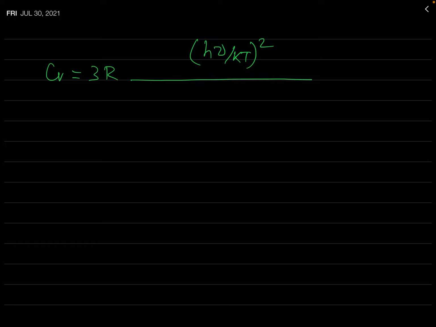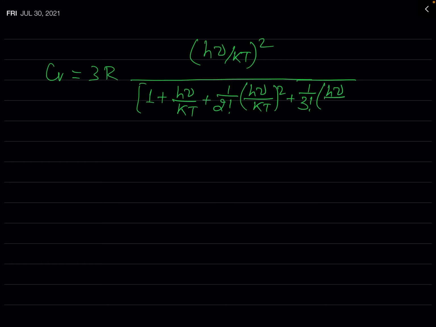So e to the power hν/kT will be now expanded, and you can see this will be 1 plus hν/kT plus 1 over factorial 2 (hν/kT) whole square plus 1 over factorial 3 (hν/kT) whole cube plus so on.